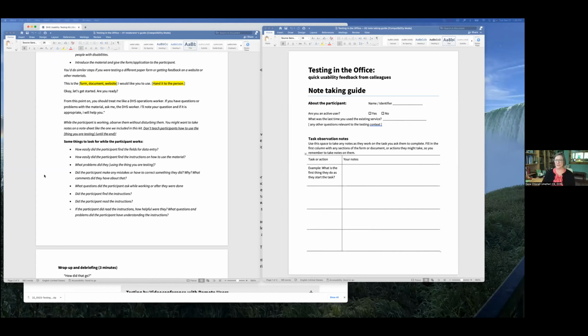What problems did they encounter along the way? Did they make any mistakes or have to correct something that they did? For folks who do a lot of usability testing, these will seem pretty straightforward, but they're not always things that folks who've never done it before might think of.